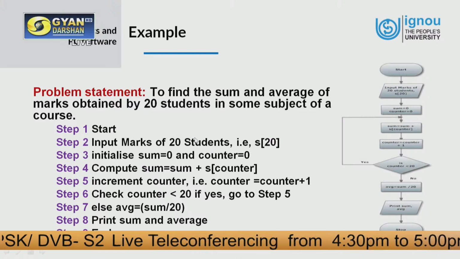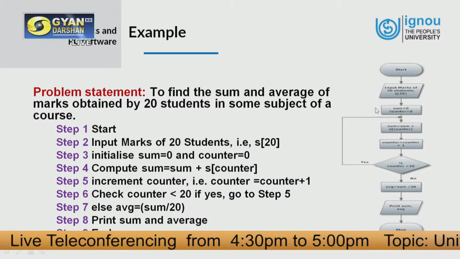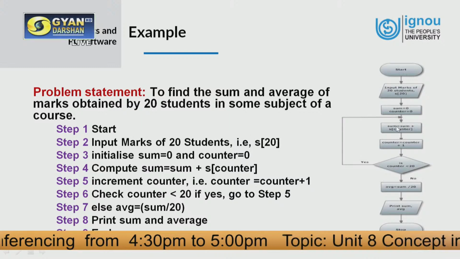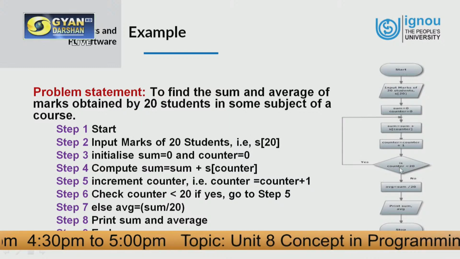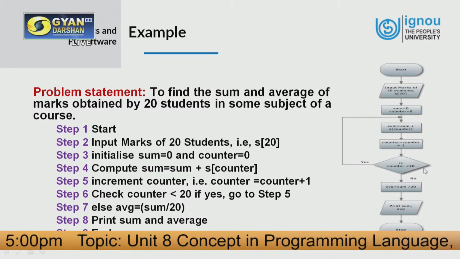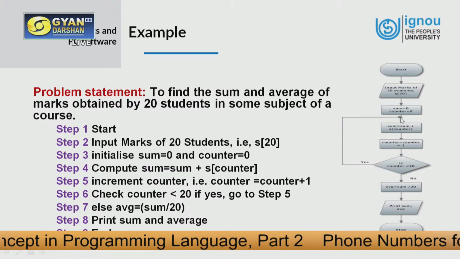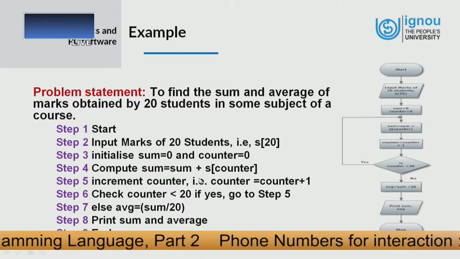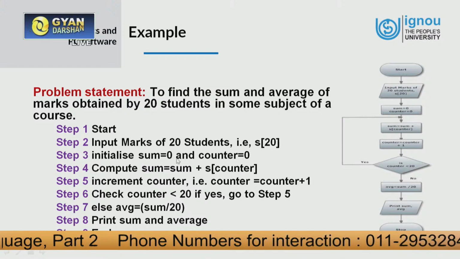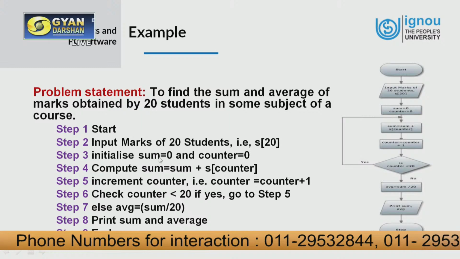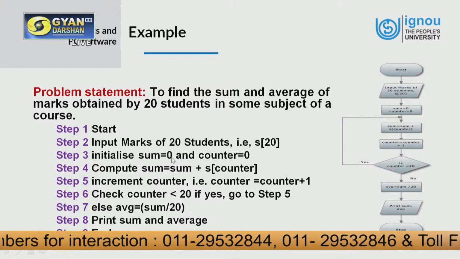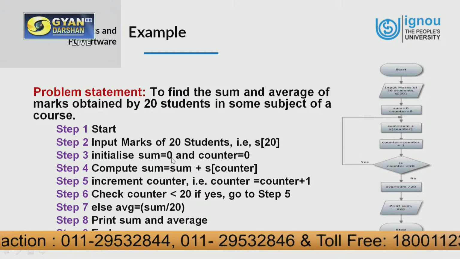So how this particular program is going to work, once again we are following the same convention where we are checking the condition over here, but it could be at this level also. Then at step 3 we are initializing sum and counter to 0. Whenever you are summing up things, you always start with the initialized value of 0.